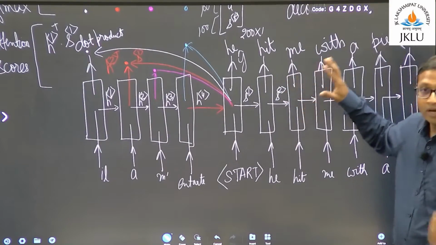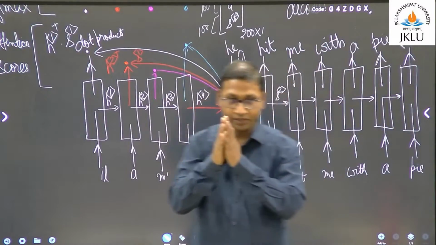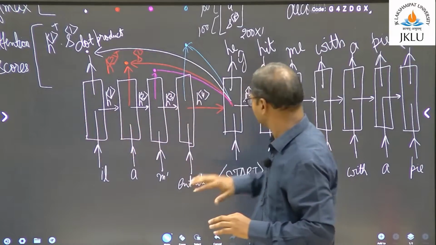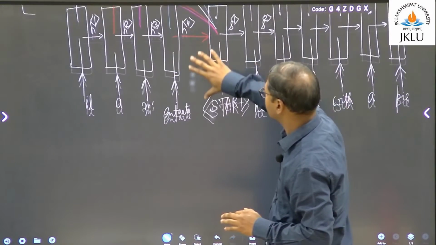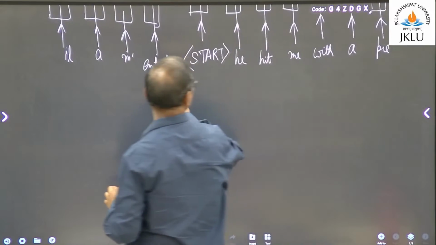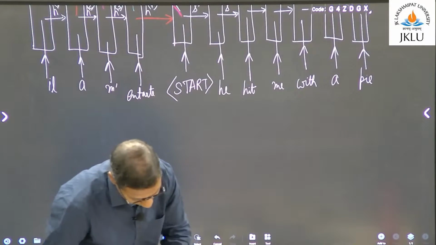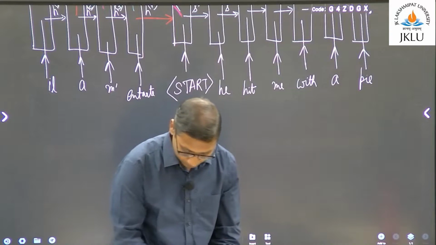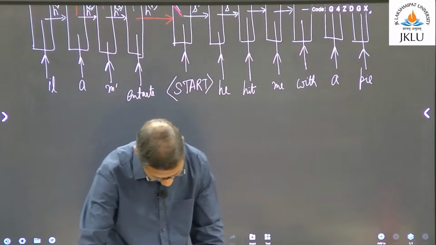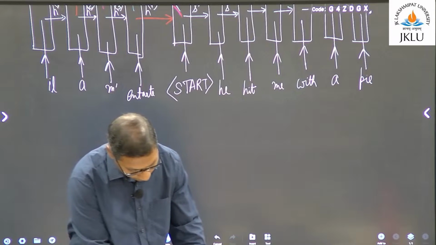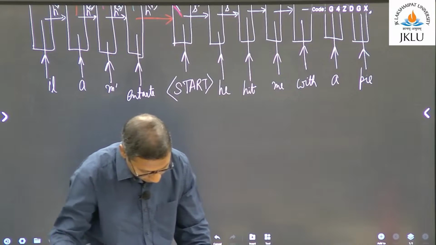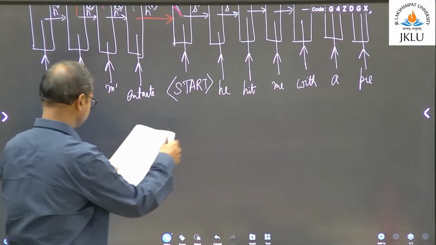All right, so I hope you get the whole intuition. Okay? All right, now let us start writing the equations. And this thing is so important that I won't even mind writing everything here.